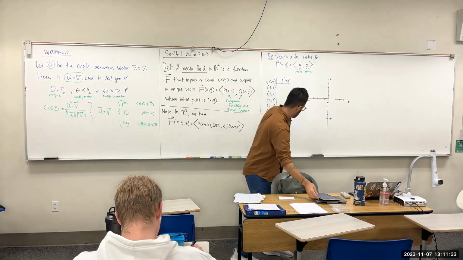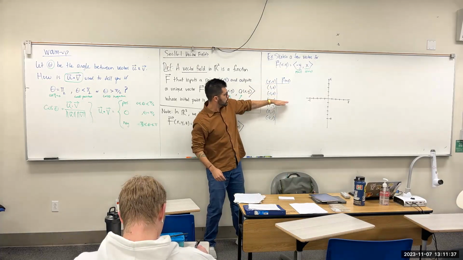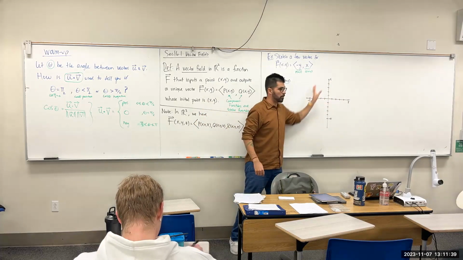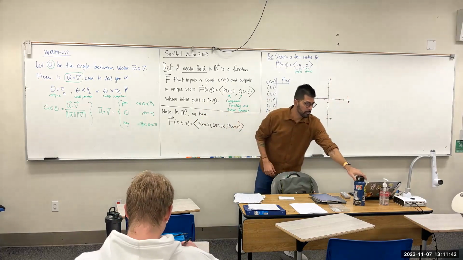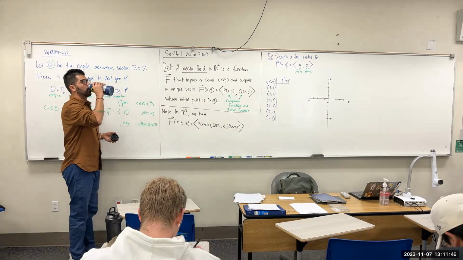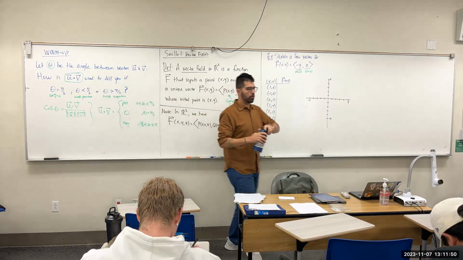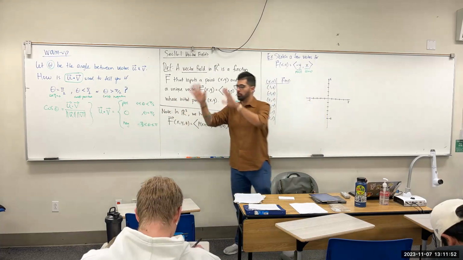So put these into this function, figure out the vectors that you get out, and then figure out with your group how you're sketching them. Back to the basics. The more you plot, the more you'll see kind of the flow of the vector.